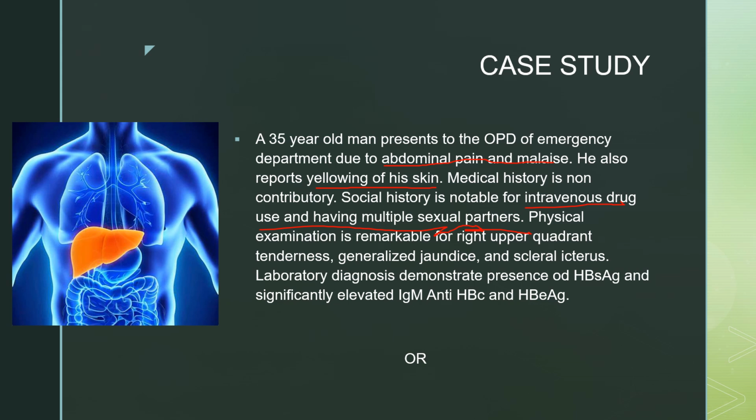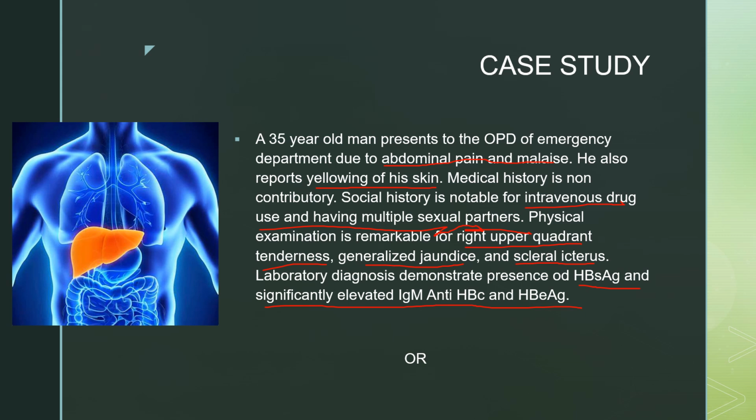Physical examination is remarkable for right upper quadrant tenderness, generalized jaundice, and scleral icterus. Laboratory diagnosis demonstrates the presence of HBsAg and significantly elevated IgM anti-HBc and HBeAg. These symptoms clearly indicate hepatitis B.